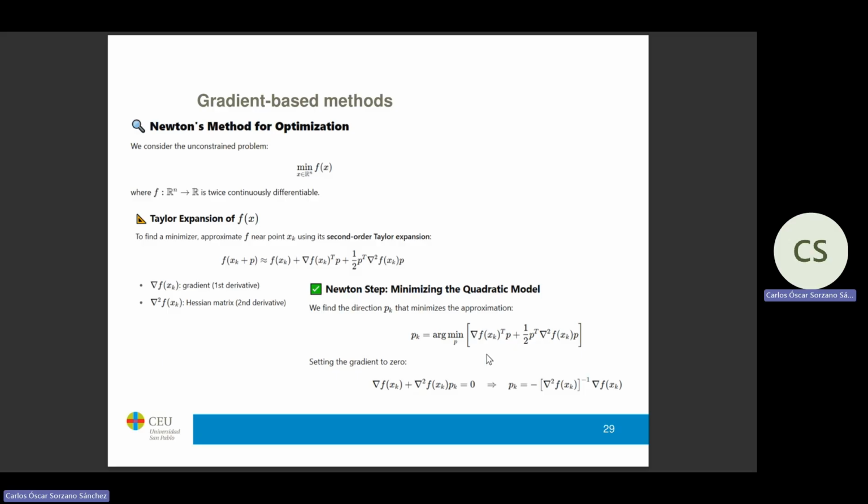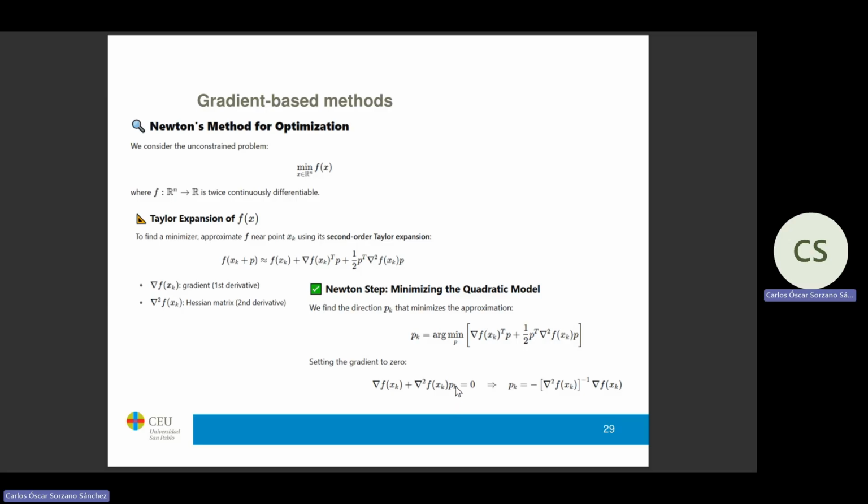Then there is another rule: the derivative of P transpose times a matrix, where the matrix is a constant with respect to P, times P, is just the matrix times P.